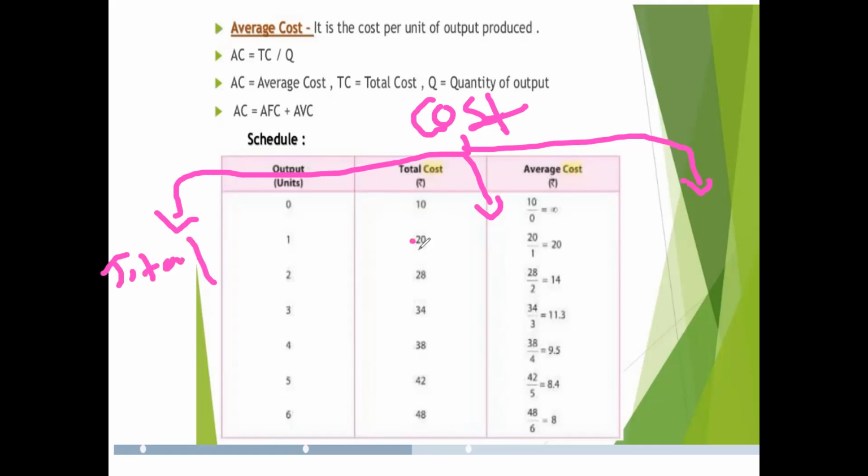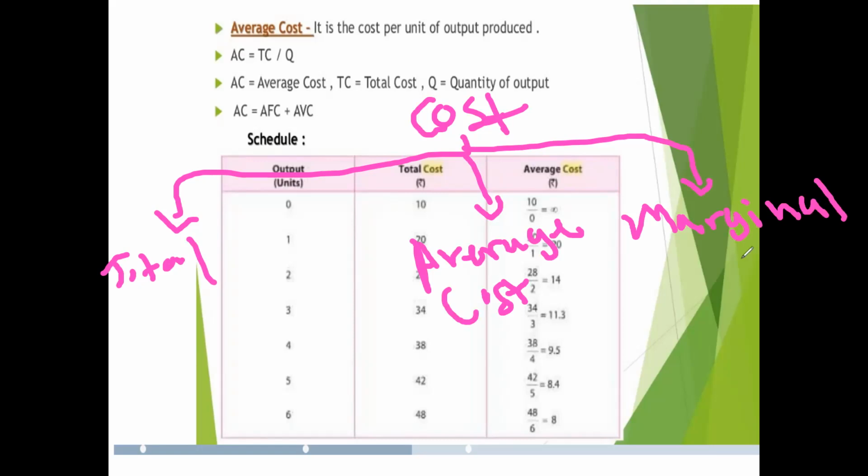The second one is the average cost. The third one is the marginal cost.